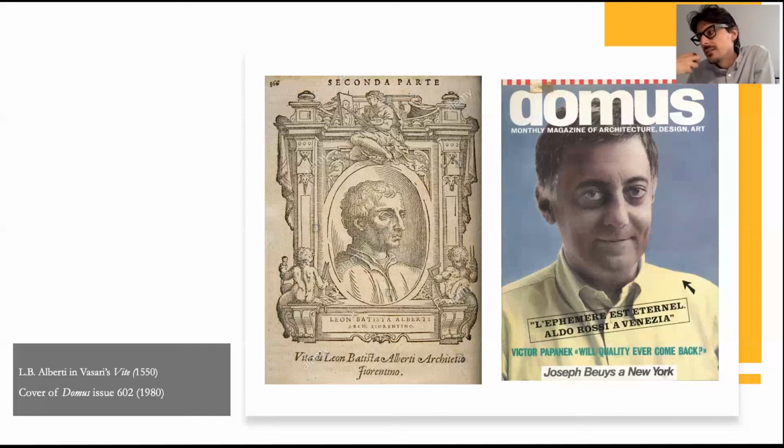Because treatises are those books that provide the point of view of a single human being. In this case, the De Re Aedificatoria provides the point of view of Leon Battista Alberti, and The Architecture of the City is the point of view of Aldo Rossi. They don't negotiate their point of view. This is just what they have in mind.